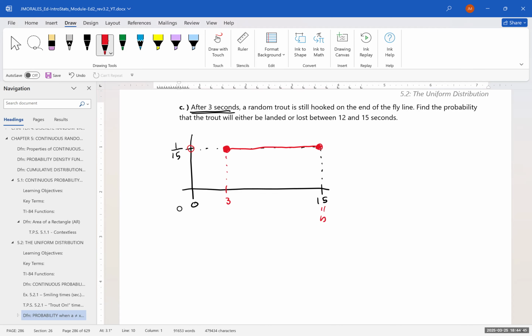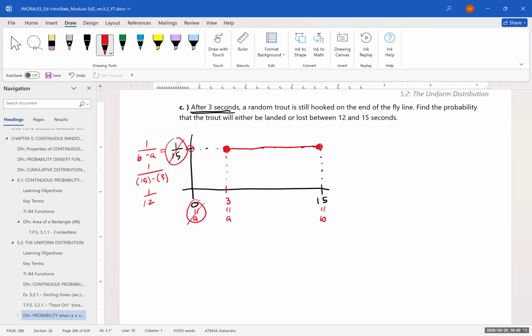That doesn't change our value of B, but it does change our value of A. And if it changes the value of A, then that's going to change our probability density function. So that's going to be 1 over 15 minus A, which is 3, which is 1 over 12.